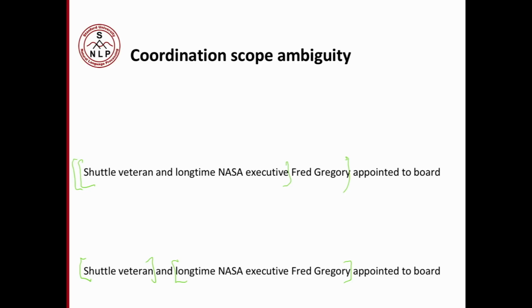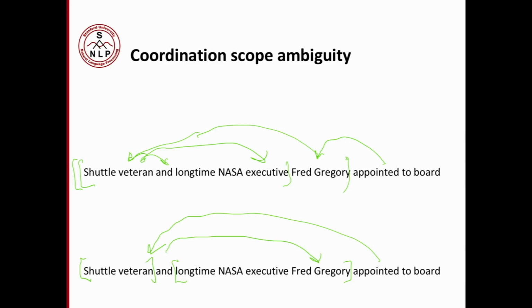And so again, we can start to indicate the structure of that using our dependencies. So we can either say, okay, there's Fred Gregory, and then this person is a shuttle veteran and long-time NASA executive, or we can say, well, we're doing appointment of a veteran and the longtime NASA executive Fred Gregory.